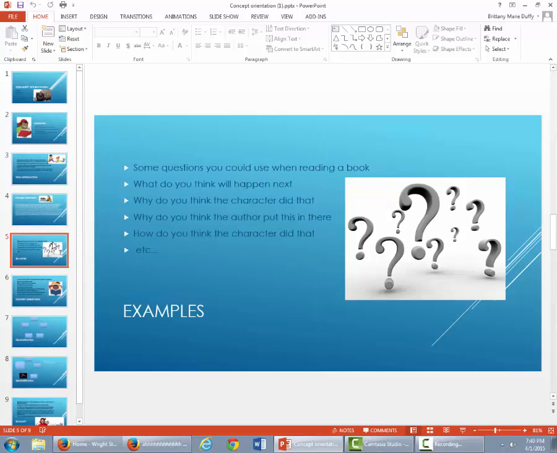Now again, here are some examples of the questions a teacher might ask, or of questions students might ask while they're reading the book. So it could be, what do you think will happen next? Why do you think the character did this or did that? Why do you think the author put this in there?